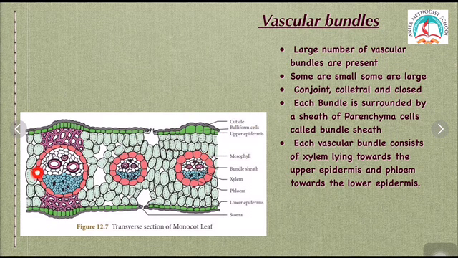These are small and this is large one. And vascular bundles are conjoined, collateral and closed. Each bundle is surrounded by a sheath of parenchyma cells. These are parenchyma cells. It's called bundle sheath. Each vascular bundle consists of xylem lying towards the upper epidermis and phloem towards the lower epidermis. See, this is xylem lies above, phloem below.